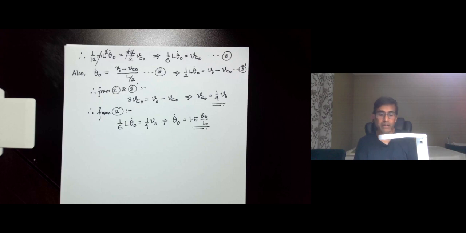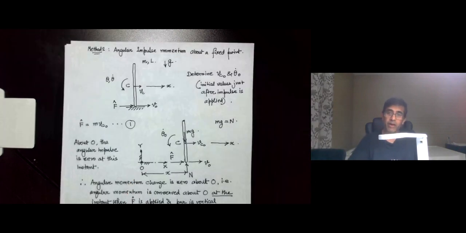It's a relatively short video, but it is an important concept, because what it confirms is that angular impulse momentum equations can be written about the center of mass, or they can be written about a fixed point. In this case, we chose the fixed point O on the ground.